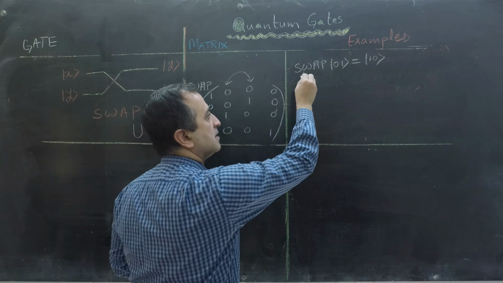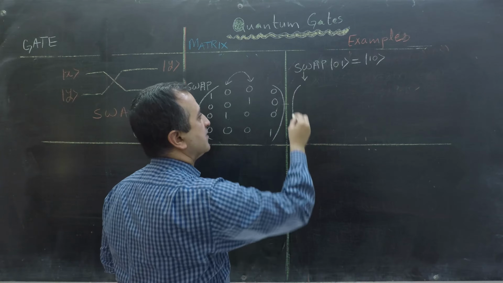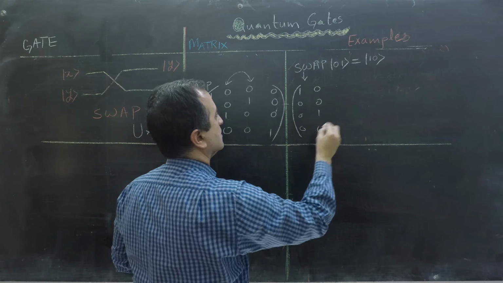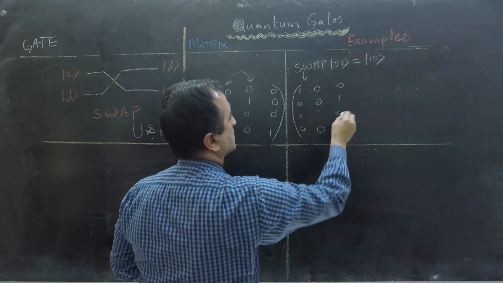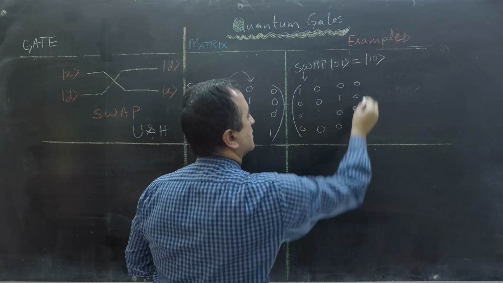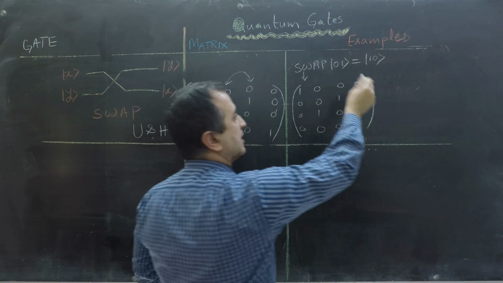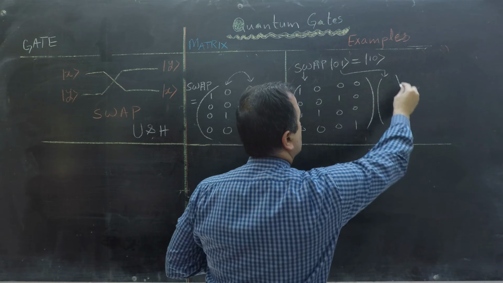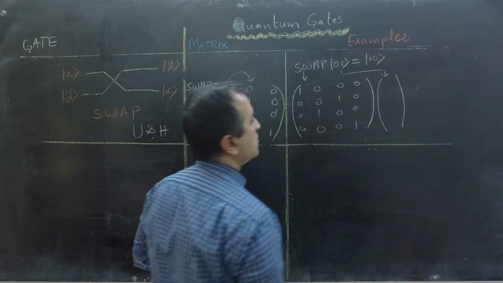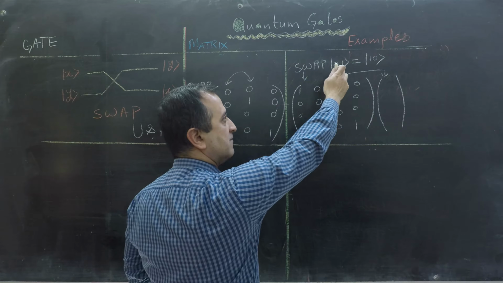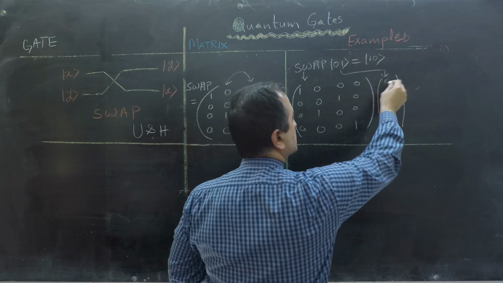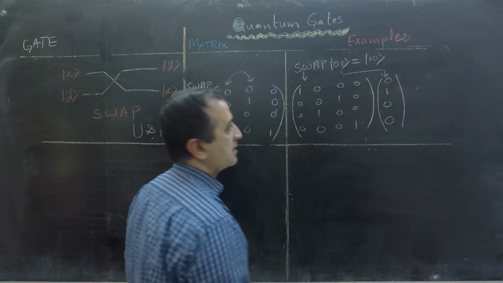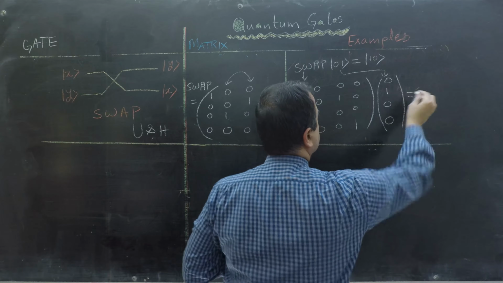So here I plug in my matrix. And now I write my input here, which will be a 4D vector whose first location will have 1 in it. So this is my 0th location, this is my first location, this is my second, and this is my third location. And now I have to find the answer.